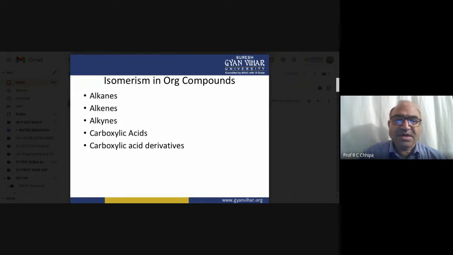Alkanes are what? Carbon, carbon, single bond; carbon, hydrogen, carbon, single bond; carbon, carbon, hydrogen. So therefore, we have the alkanes. There is no double bond in the alkane, and alkanes are saturated hydrocarbons.